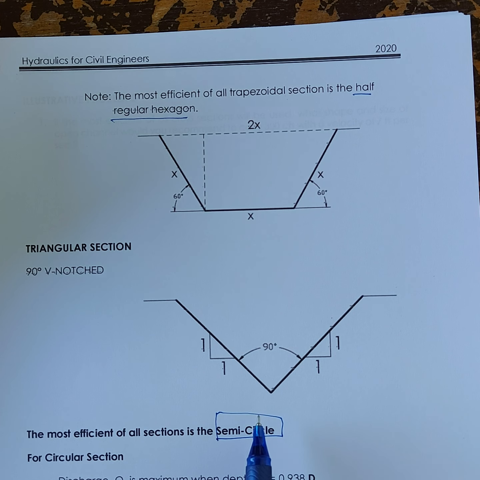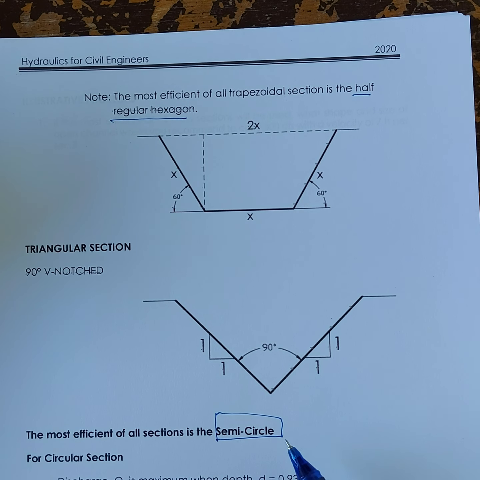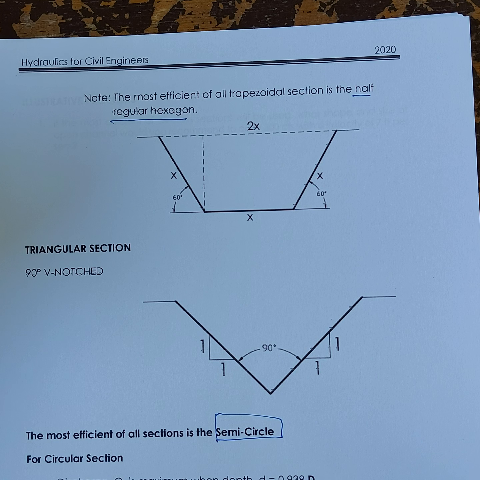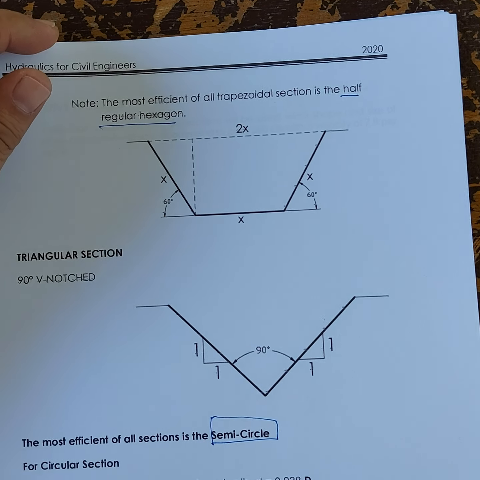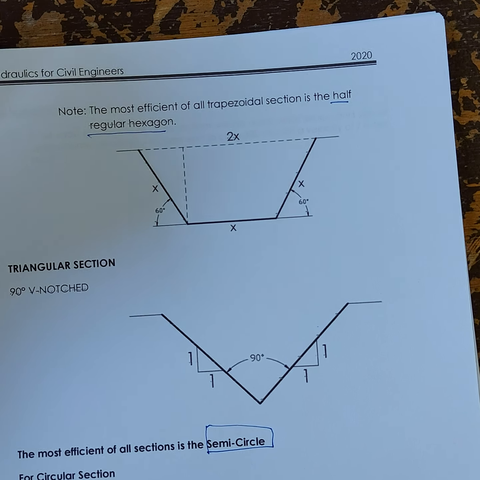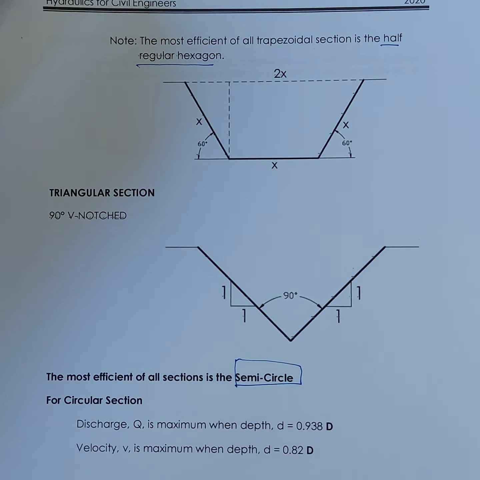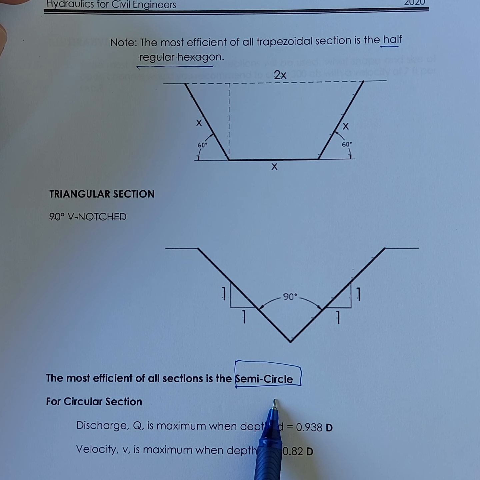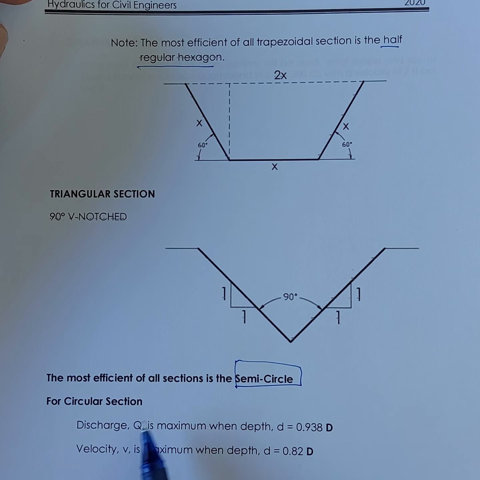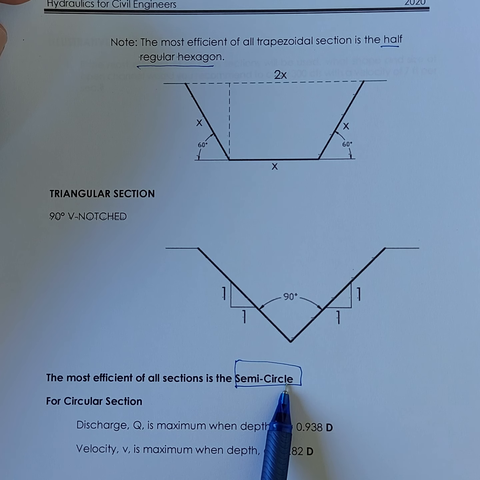Hindi natin ginagawa ito in actual because, although it's the most efficient, it would be more costly to construct this type of channel, yung semicircular channel. Medyo mas mahirap gawan ng forms, mas mahirap i-construct. So we rarely, I haven't seen one.